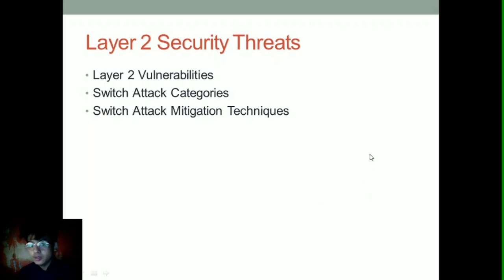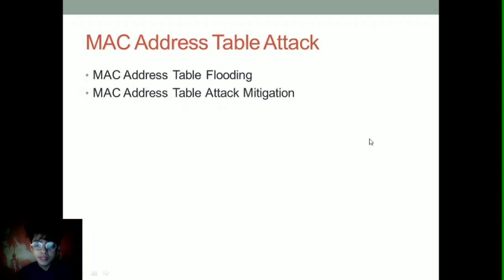Then, let's go to the next one, which is the MAC address table attack. In this, there is MAC address table flooding. All MAC tables have a fixed size and consequently a switch can run out of resources in which to store MAC addresses.